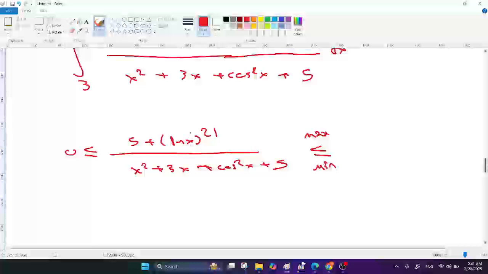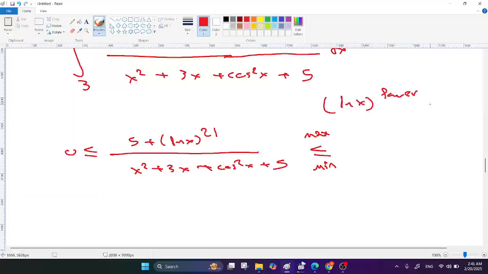How to maximize such a thing? We said that ln x to any power is less than or equal to x to any power. So let's say 5x^0.3 plus x^0.3, over that thing, minimize now.